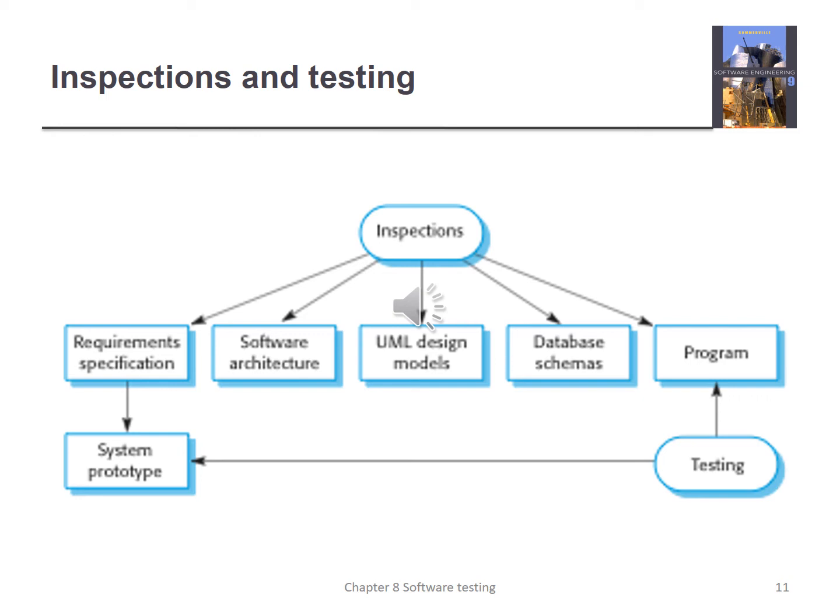We review the requirements, the software architecture, the UML design, the database schemas, and the program. So in all stages, in all phases, we have to have some review or inspection. In our field, review has no specific place; we could review anything from the requirements through the program source code.